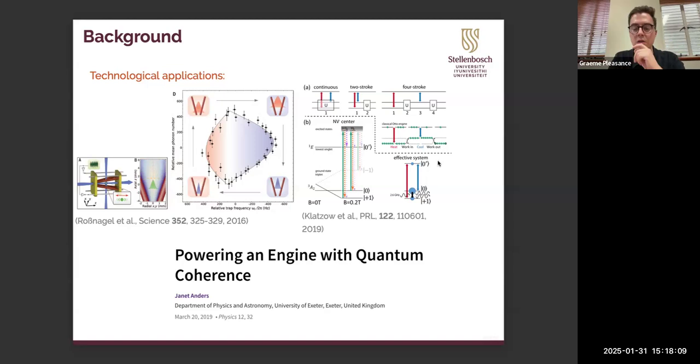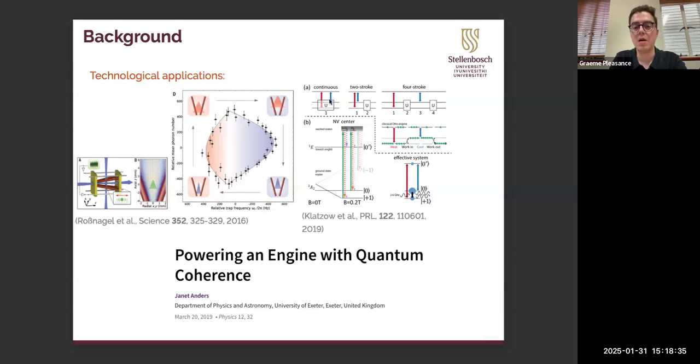But more recently, there was this experimental work that was done using nitrogen vacancy sensors in diamond, where, again to my knowledge, this is the first experimental demonstration of a fully quantum heat engine, where in some aspects the heat engine can outperform its classical counterpart.